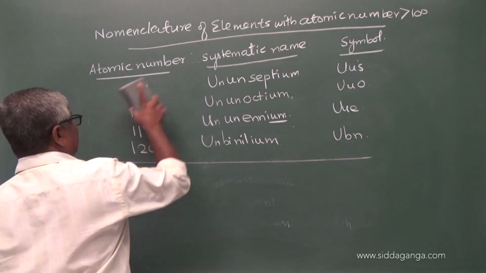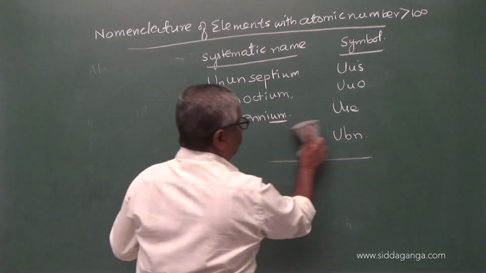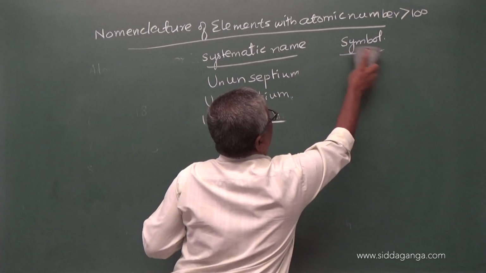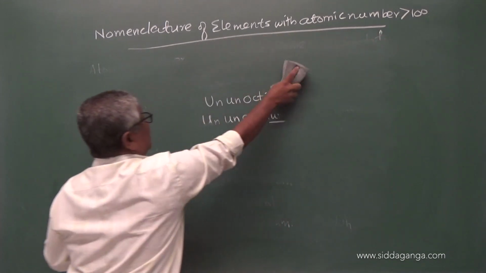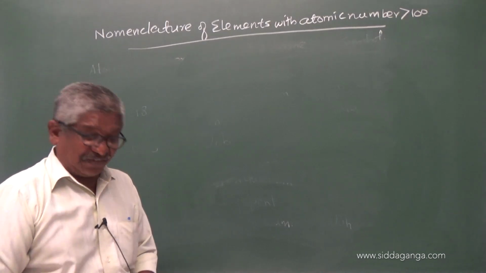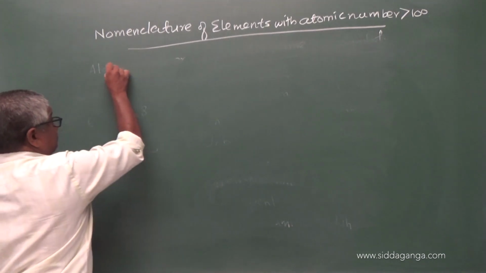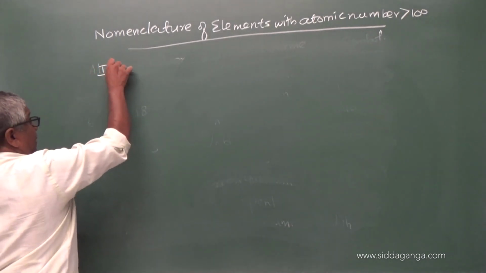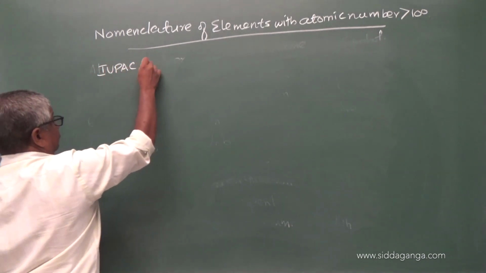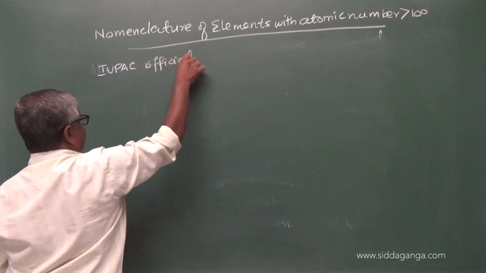Then we will go for the IUPAC names of the elements from 101 to 111. Now the first one it is the IUPAC official name.